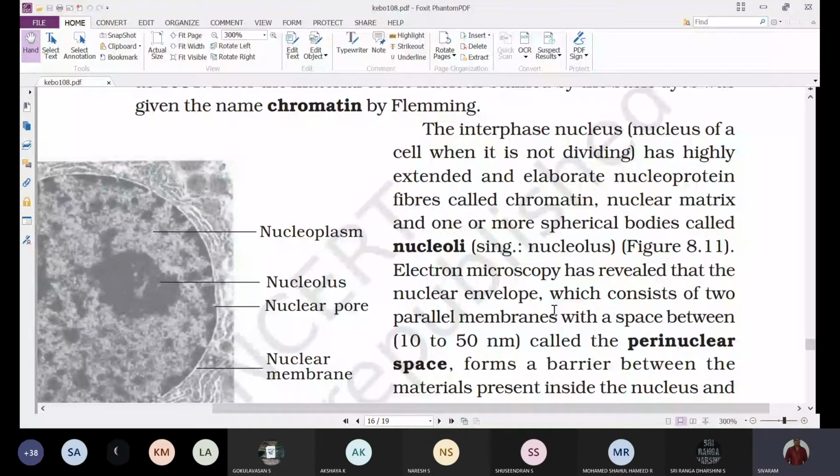The interphase nucleus has highly extended and elaborate nucleoprotein fibers called chromatin, nuclear matrix, and one or more spherical bodies called nucleoli, singular nucleolus.